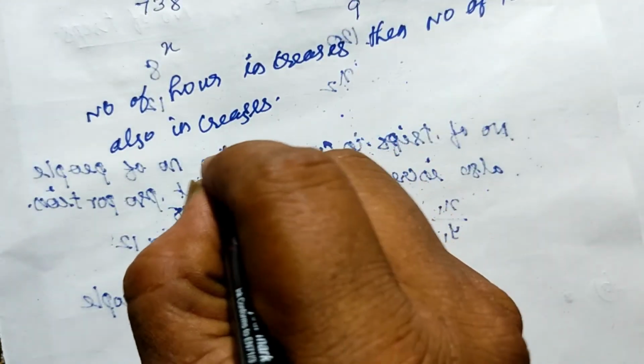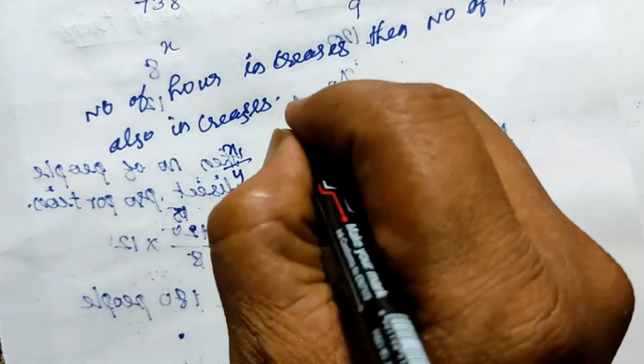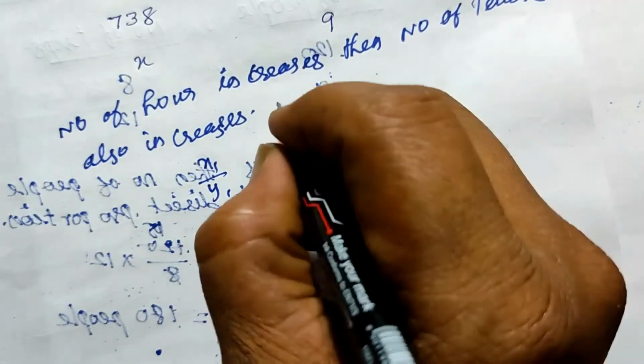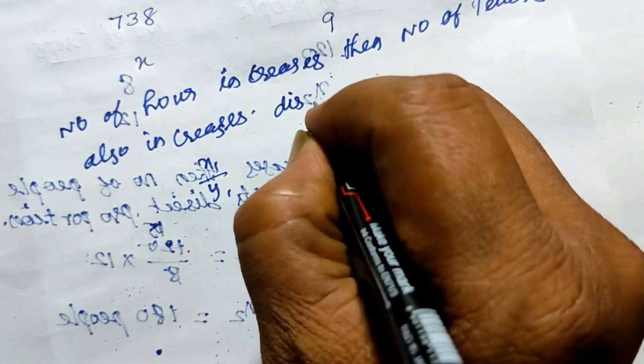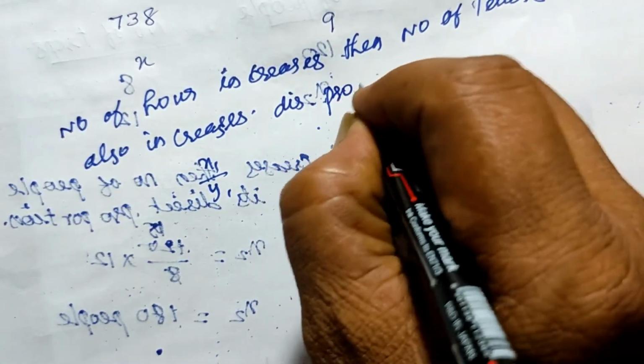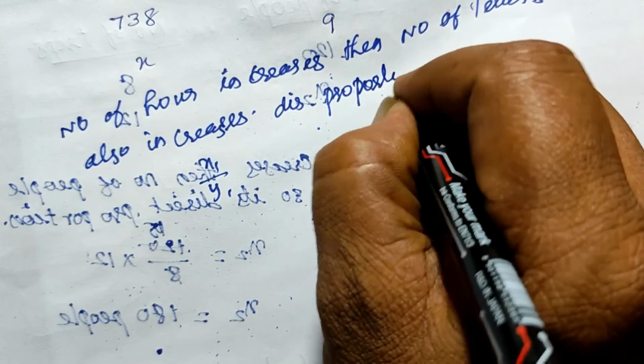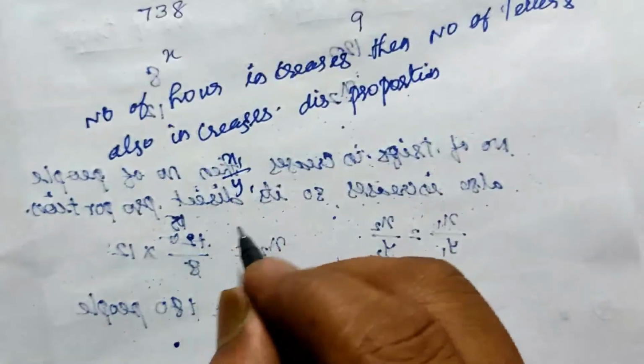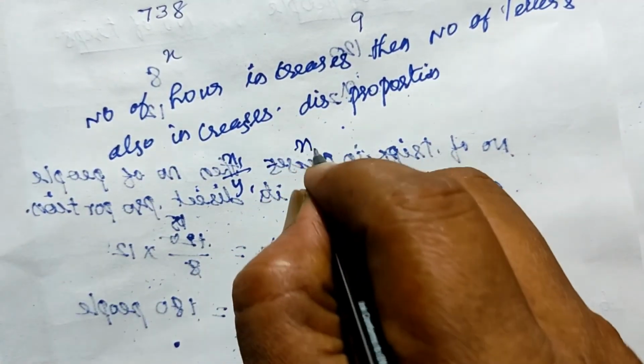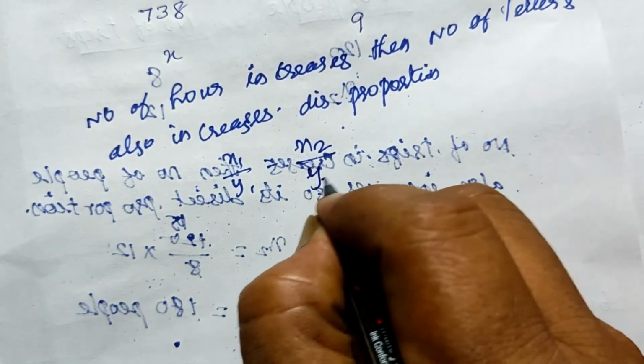Now x1 by y1, so it is a direct variation, direct proportion, right? Listen, x1 y1 equal to x2 y2.